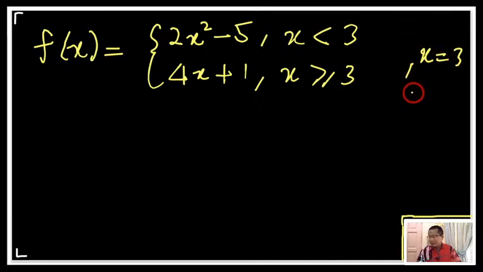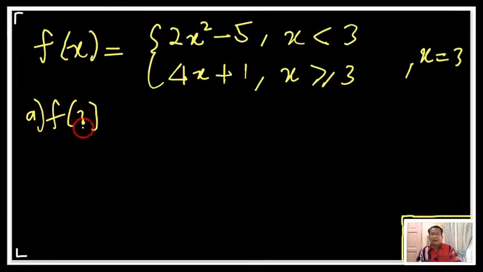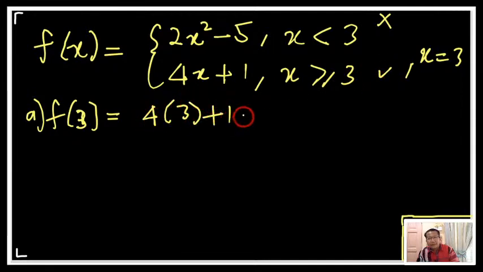Okay, first step, f(3). Let's look here. This one is less than 3, not equal to 3, so this is not the one. This one is greater than or equal to 3, so this is the one that we want. So 4 times 3 plus 1. The answer is 12 plus 1, which is 13.